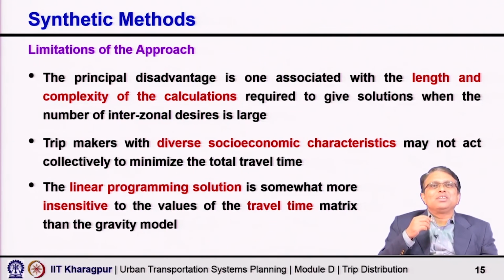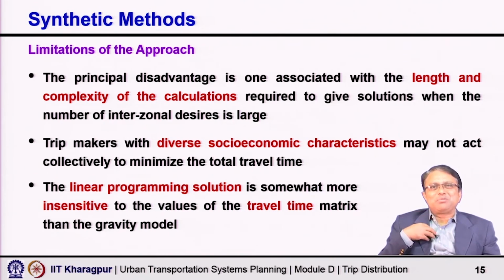Trip makers with diverse socioeconomic characteristics may not act collectively to minimize the total travel time, as I indicated earlier. To some extent it is the same thing we are saying: the diverse economic characteristics you expect, and people may not really act collectively to minimize the total travel time. Everybody is more likely to act selfishly.